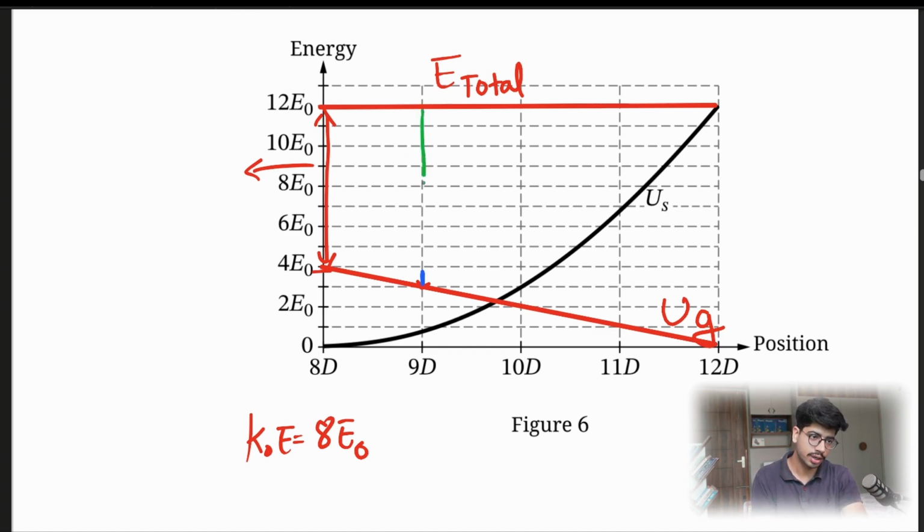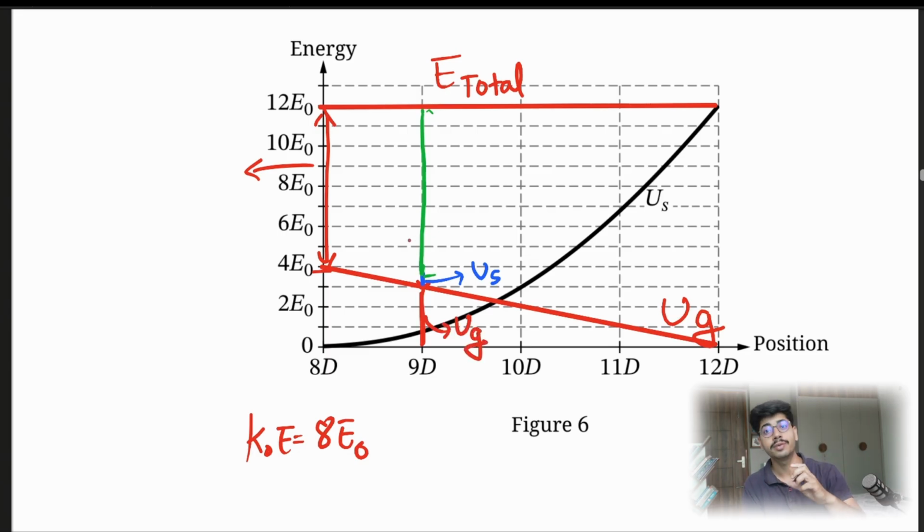If I represent the kinetic energy with the green arrow, it is slightly lesser. So up to here, let me represent it like this. This is the spring potential energy, and this length is for the gravitational potential energy.